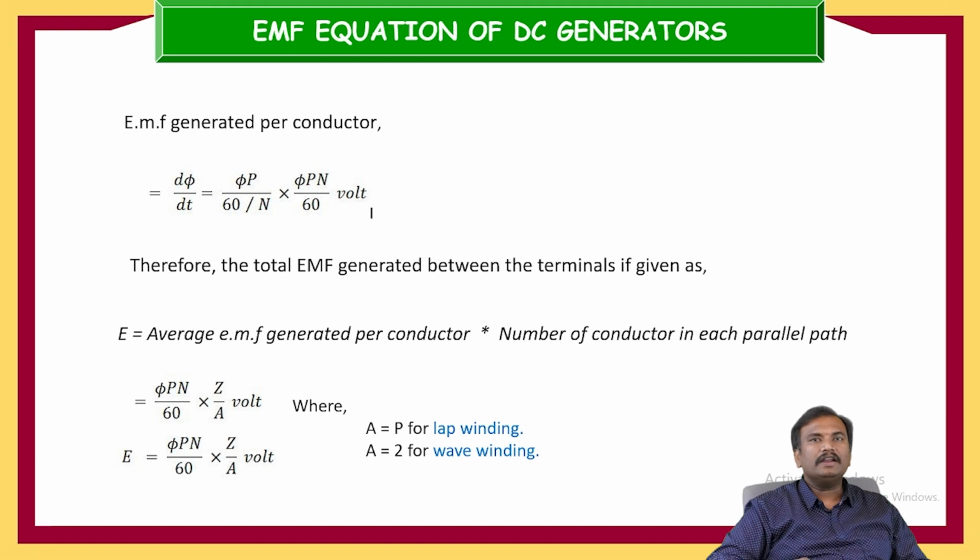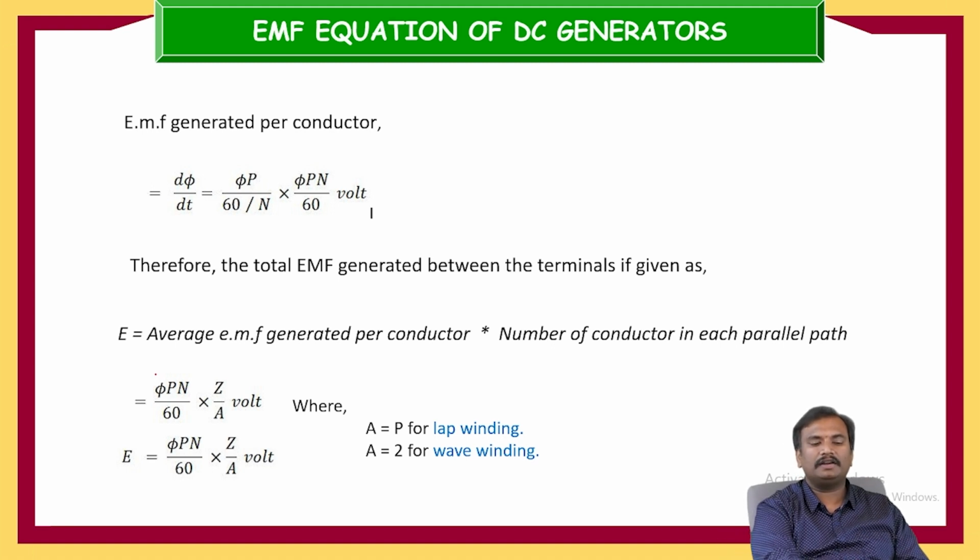Remember this. Now we are going to have Z number of conductors, and we need to calculate the EMF generated across the complete winding. In the winding, we are going to have some number of parallel paths.